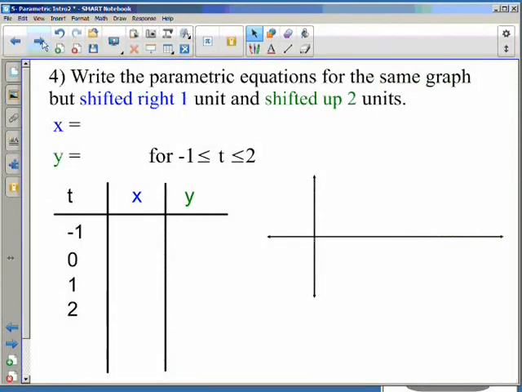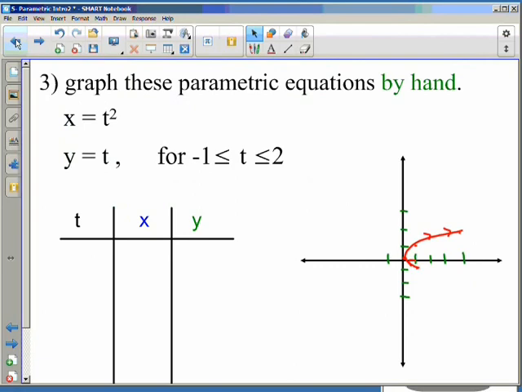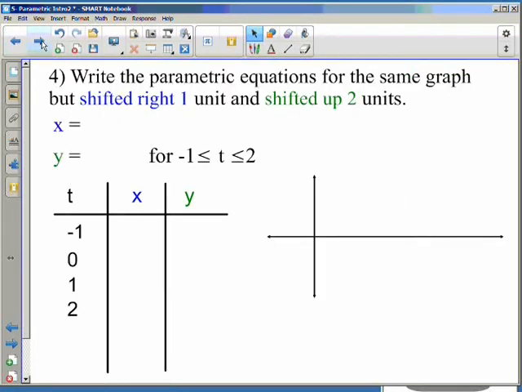And now we're going to approach the same problem, only we're going to give the words, create the parametric equations, t-chart, and then we're going to sketch it and see if we actually move right 1 up 2. And we're starting at the origin for the previous graph. So from the origin, we want to see if we go right 1 and up 2, somewhere in that area.